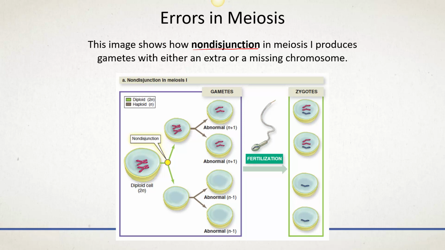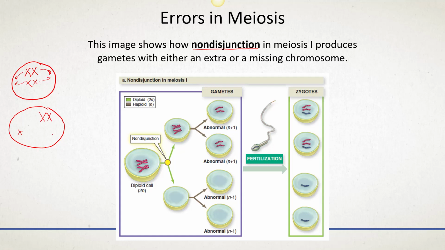So, when the chromosomes align in the center of the cell, and they migrate toward opposite ends of the cell, sometimes they don't fully split. So you end up having all 4 copies go to one side, or one go to the other side. As you continue through the cycles of meiosis, you end up missing chromosomes. This can also happen during meiosis 2.